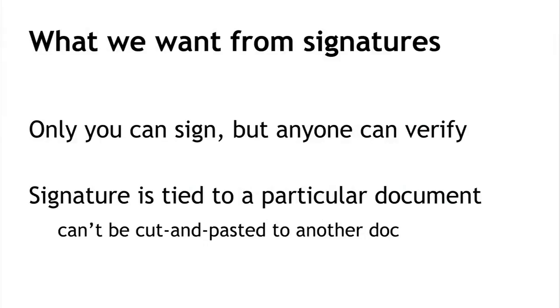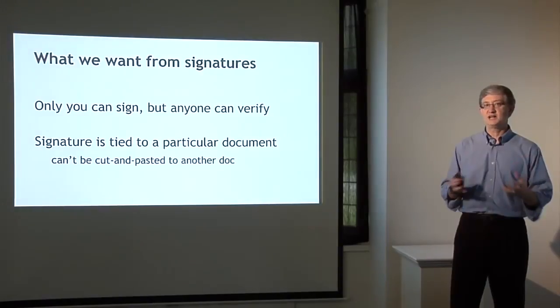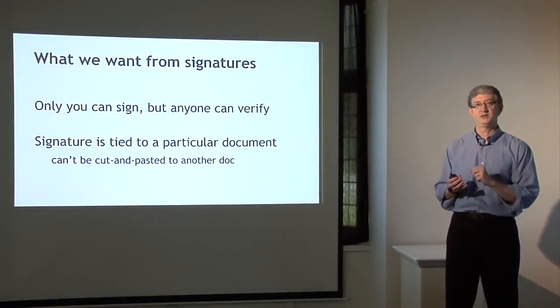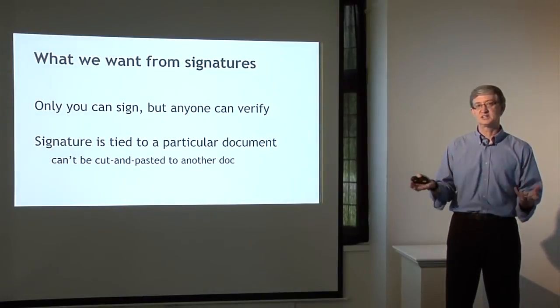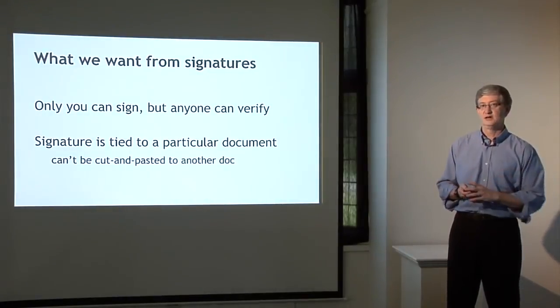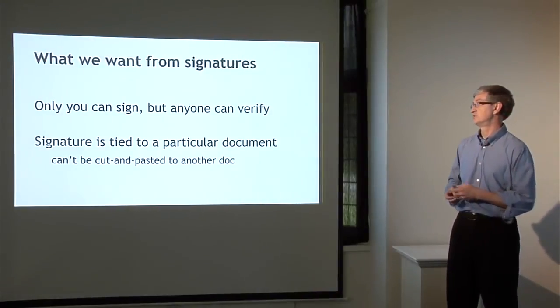First, just like an idealized paper signature, only you can make your signature, but anyone who sees your signature can verify that it's valid. Second, the signature is tied to a particular document, so that somebody can't take your signature and snip it off one document and glue it onto the bottom of another one. Because the signature is not just a signature, it signifies your agreement or endorsement of a particular document.